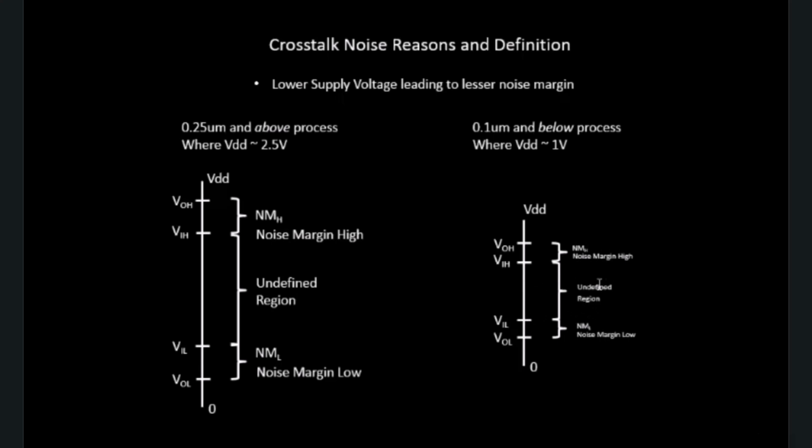When I say undefined region, it means basically noise. It doesn't know whether it has to go to logic 1 or logic 0, and it will go to either depending on the state of the circuit at that point in time. That's why it's an undefined region, and it might actually break a circuit.